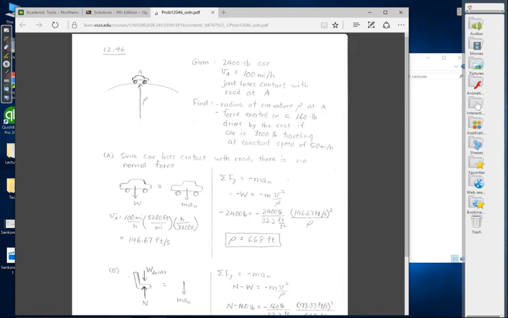So in this problem, we've got a 2,400 pound car that's traveling over the top of a hill, and that hill has a radius of curvature. And we know that if A is moving at 100 miles an hour on the top of that hill, then it just loses contact with the road, meaning it's about to fly off that road.